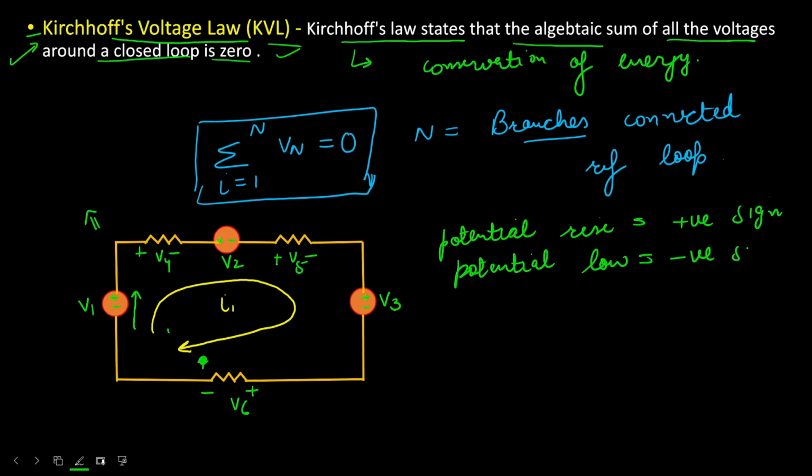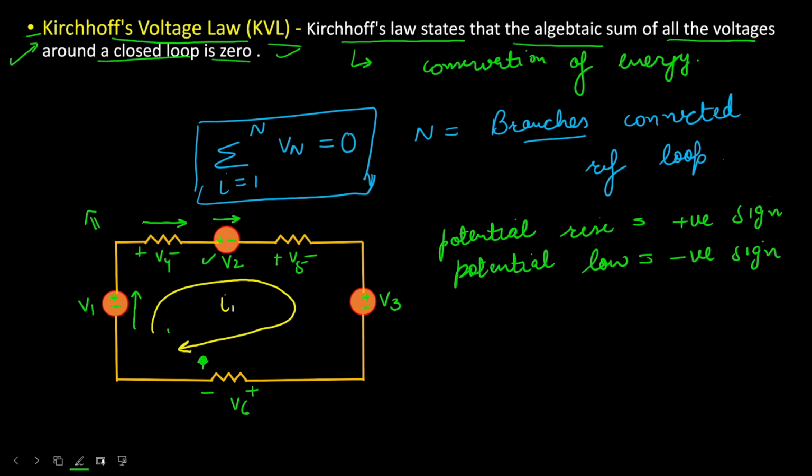For example, in this case, the current is moving from the positive sign towards the negative sign, so we will apply a negative sign here. In the case of V2 we see a similar case: the current is moving from the positive terminal towards the negative terminal of the voltage source.